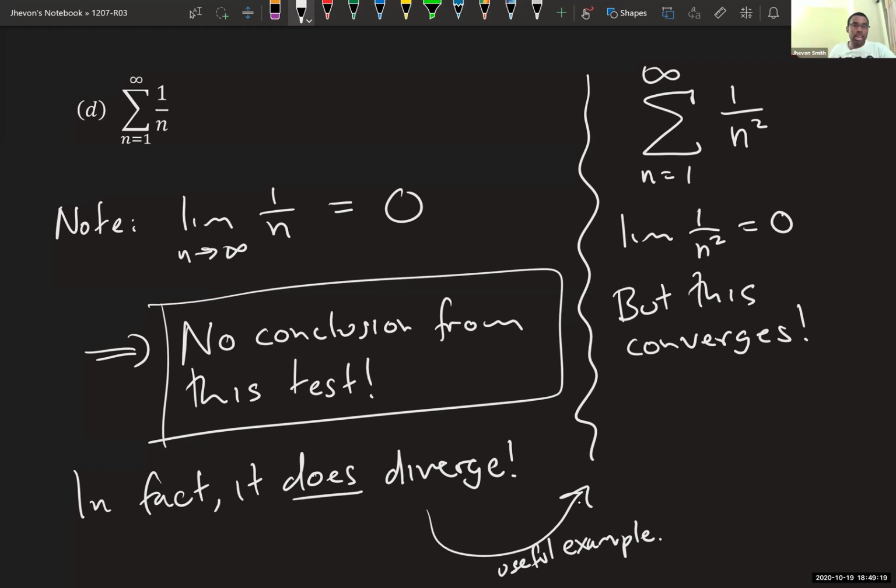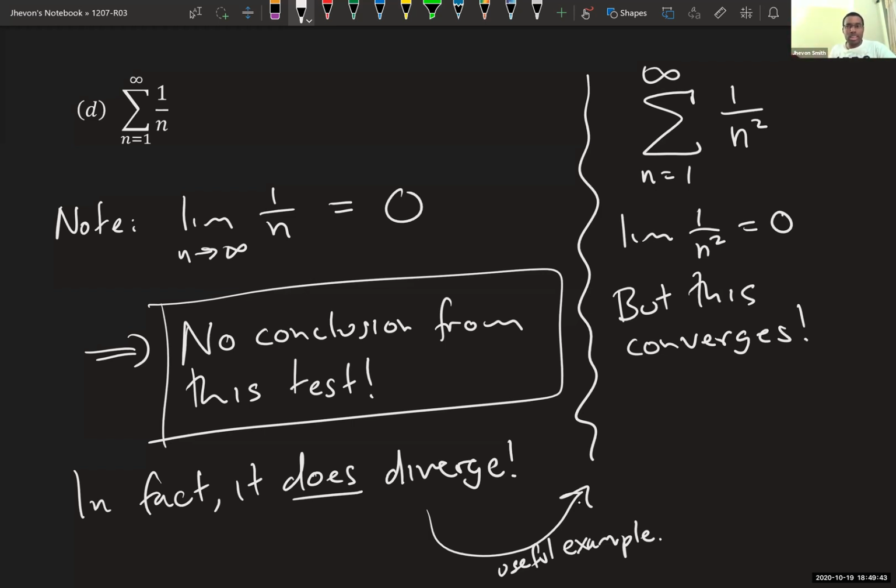So on one side, you'll see that the limit is 0, and it actually diverges. Actually, this is a very famous series that diverges. It's called the Harmonic Series. I have that in the notes later on. This series over here, 1 over n squared, n goes from 1 to infinity, summing that, then this one actually converges.